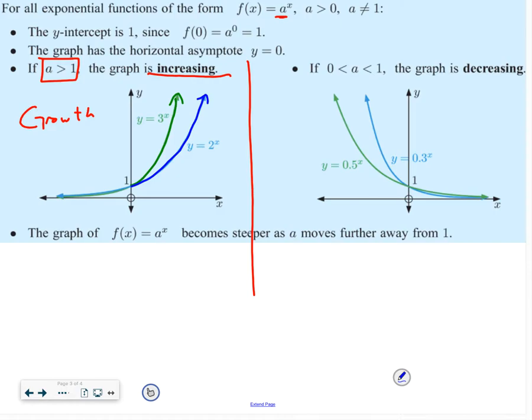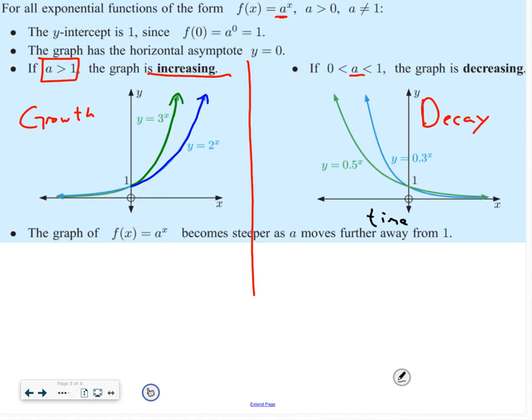The other case is if we have an a that's between 0 and 1. Anytime we multiply by a number between 0 and 1, it gets smaller. This is what we call a decay graph. Typically, when we're graphing things, we're talking about time on our x-axis.